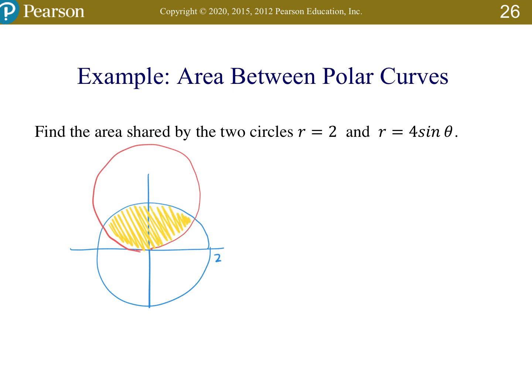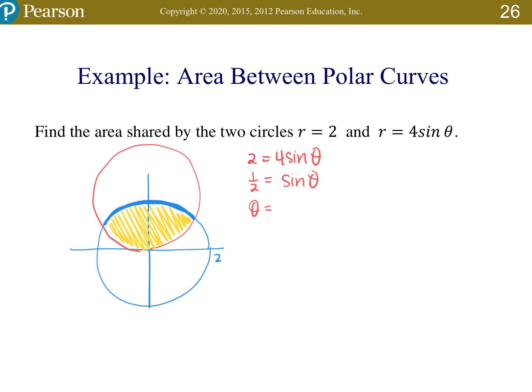In that boundary, the outer edge is following what for me is my blue line. And then I want the intersection points of where those two things intersect. So I set them equal to each other. So 2 equals 4 sine theta, so 1/2 equals sine theta.